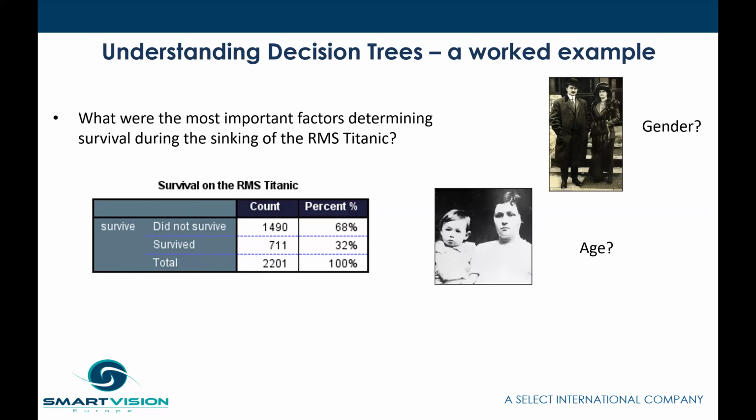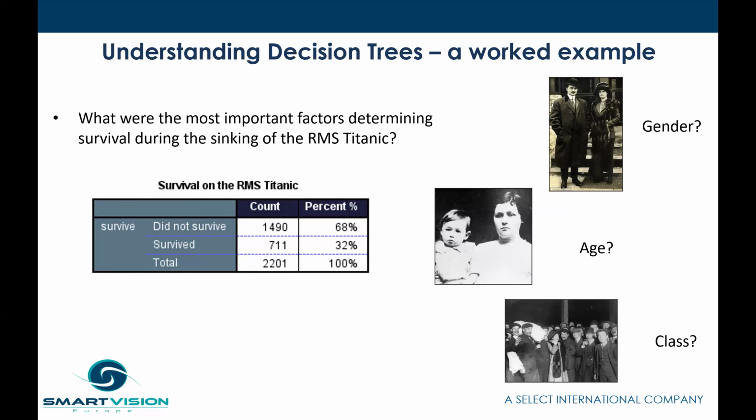I'd imagine whether or not you're an adult or a child. And I'd imagine it might be something like what class you were traveling in. Okay. And they'd be absolutely right. These are the three primary drivers in the data set that help you explain, or help you predict, who survived on the Titanic and who didn't.